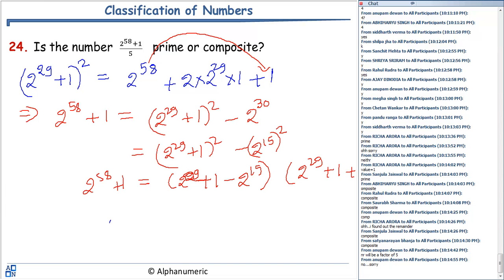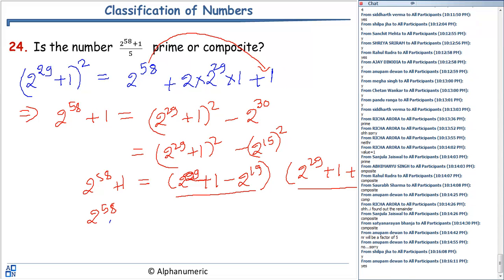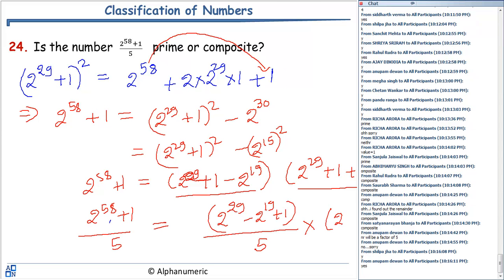Now can I say both the numbers will be definitely greater than 5? Yes or no? Tell me. 5 से तो बड़े ही होंगे ना, ठीक है, और 5 के मल्टीपल भी होंगे. So I can say this 2 raised to power 58 plus 1 by 5 is equal to 2 raised to power 29 minus 2 raised to power 15 plus 1 by 5 into 2 raised to power 29 plus 1 plus 2 raised to power 15.